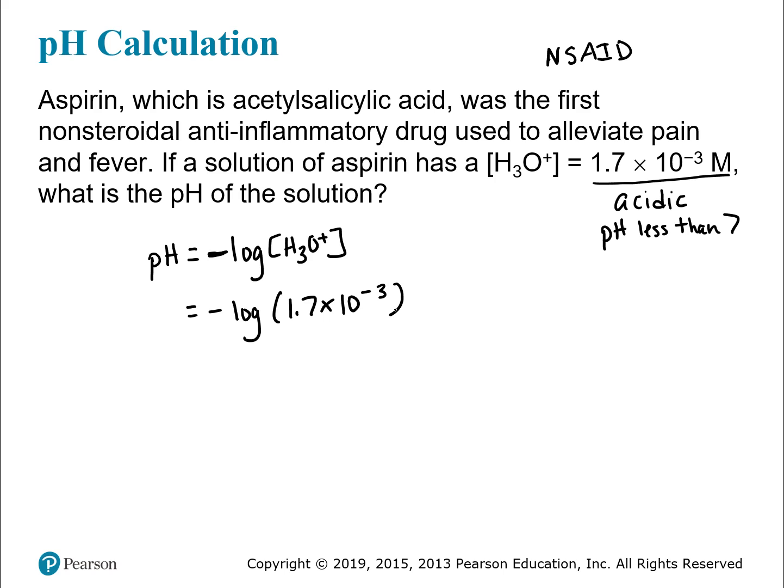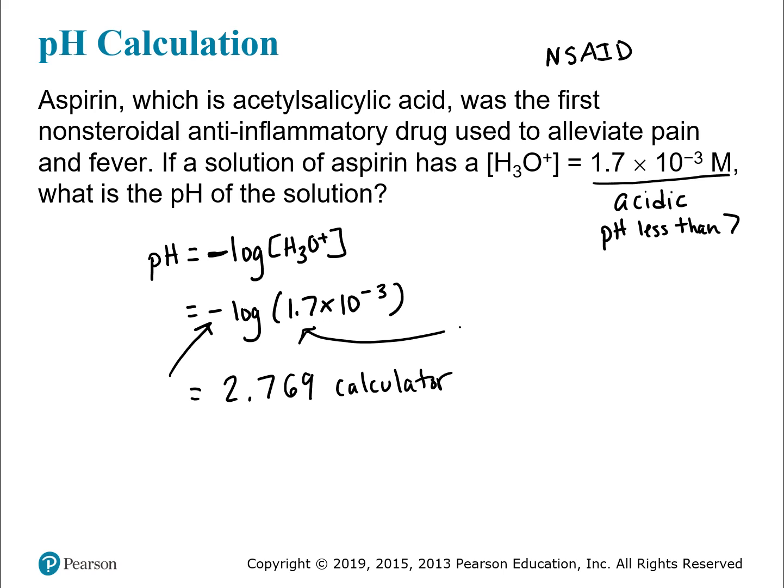When you put that into your calculator, again, please don't forget the negative. If you don't have the negative, then you're going to end up getting a negative answer. Your calculator will tell you 2.769 or something like that. For the pH, we have to put the number of decimal places that's equal to the number of significant figures in our hydronium concentration.